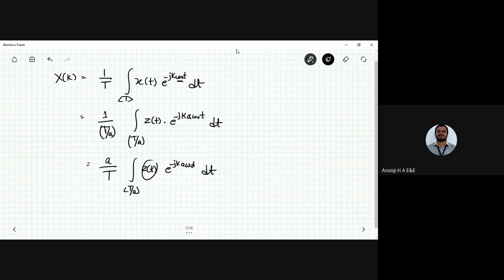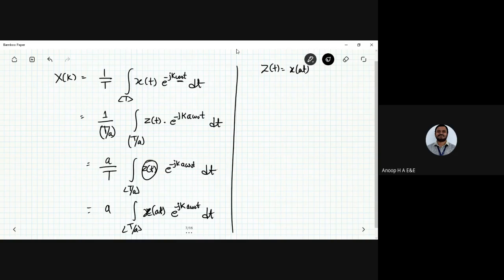Now z of t can be replaced here. What is z of t? Z of t is x of at. So we have x of at, e power minus j k a omega naught t dt. At, this one can be replaced by a single variable, lambda. Differentiating both sides, we get dt equal to d lambda by a, so 1 by a.